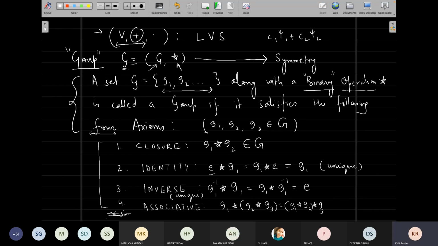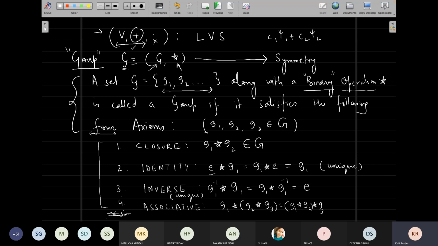So if I forgot about scalar multiplication and I just talk about this, it looks like we are very close to that, except for one thing. What is one thing which is missing here, which was there in the linear vector space? Commutativity. Right, there does not exist any commutative nature or structure.